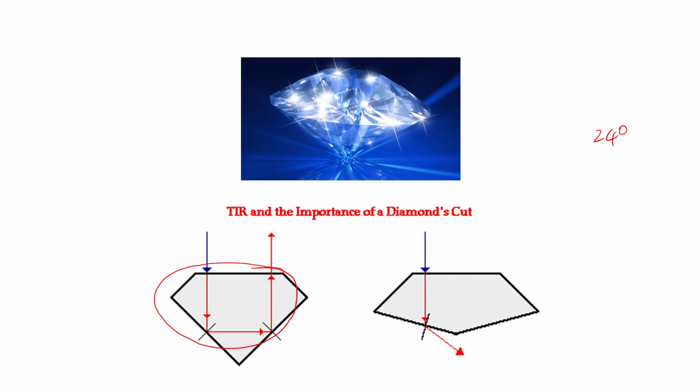If this cut is not proper, for example, then instead of getting total internal reflection, the ray of light would just go out. If you cut the diamond properly, then it would get total internal reflection, and that's where you see the diamond filled with light, sparkling. So that's the importance of the cut.